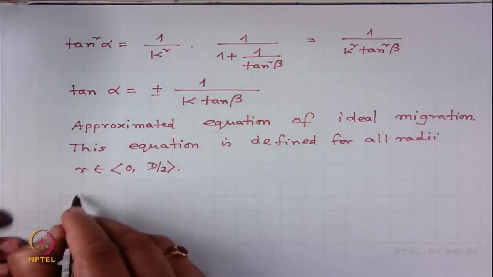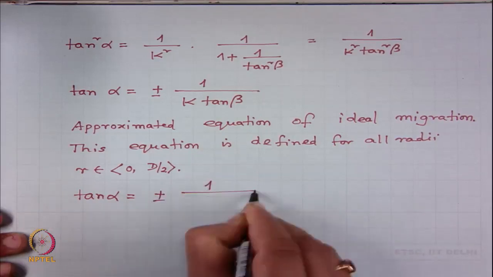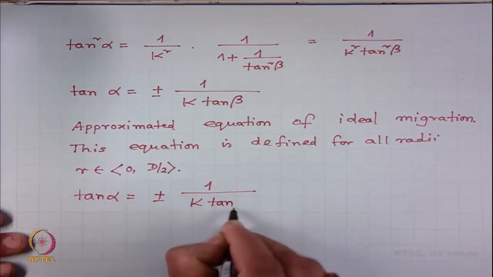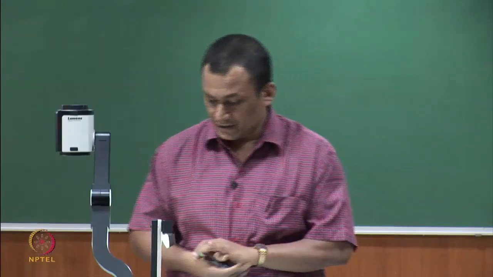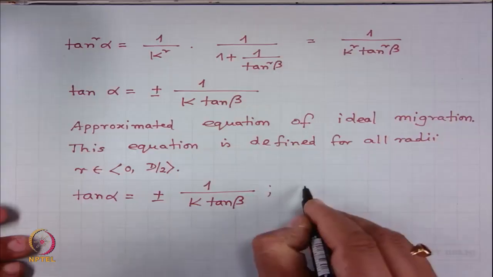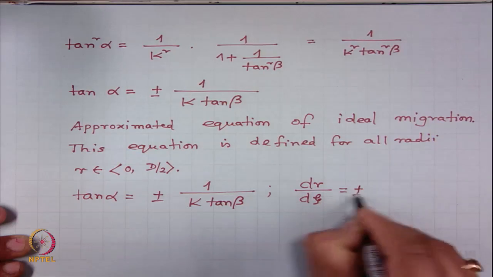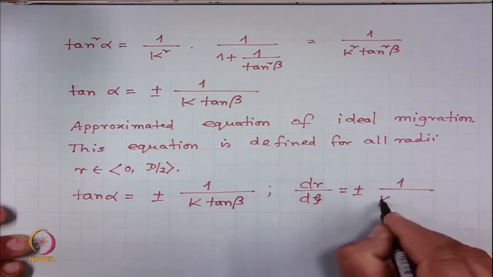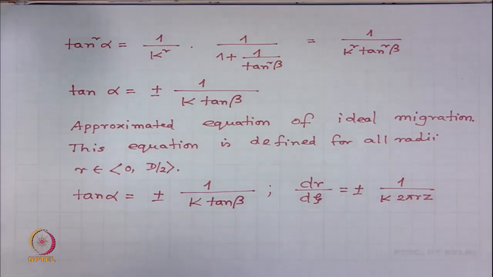So, tangent alpha is equal to plus minus 1 by k times tangent beta. What is tangent alpha? dr by d zeta, and tangent beta is 2 pi r z. So, we can write dr by d zeta is equal to 1 by k times 2 pi r z, right.